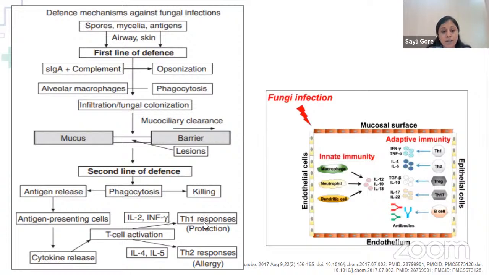They also activate tumor necrosis factor, and they release cytokines that are responsible for phagocytosis and killing. T helper cell 1 produces a protection response, and T helper cell 2 produces an allergy response.